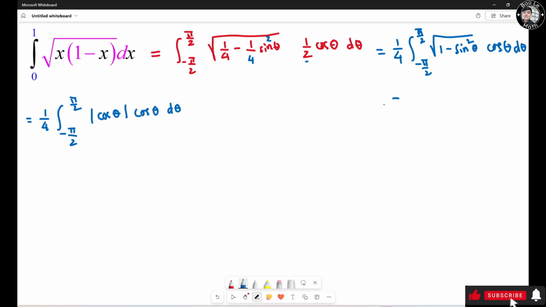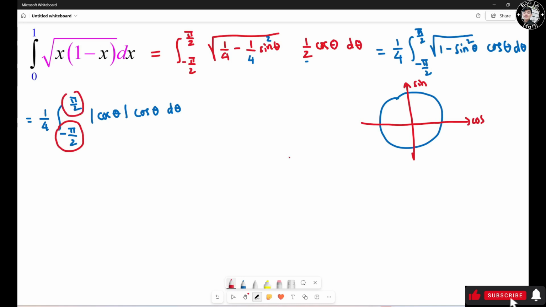Now on the unit circle, the x-axis represents the cosine function, and the y-axis represents the sine function. Now look at the interval from negative pi/2 to pi/2, which means it's going to be from here to here, which is the first quadrant and the fourth quadrant.